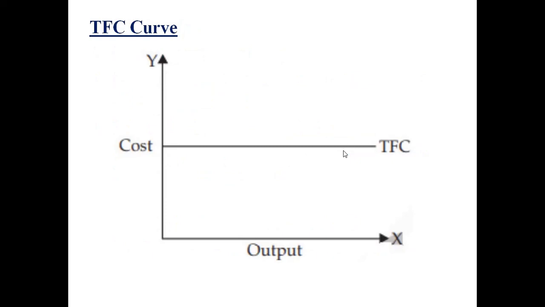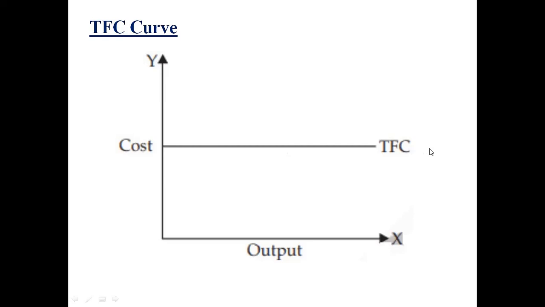Now if you see the graph of the TFC curve, if you just want to see how TFC looks like, the TFC curve is a straight horizontal line. Whatever be the level of output, whether it is increasing or decreasing, it remains constant.